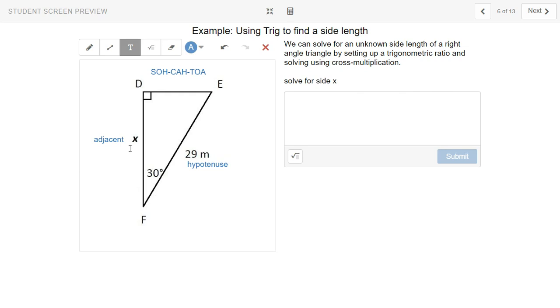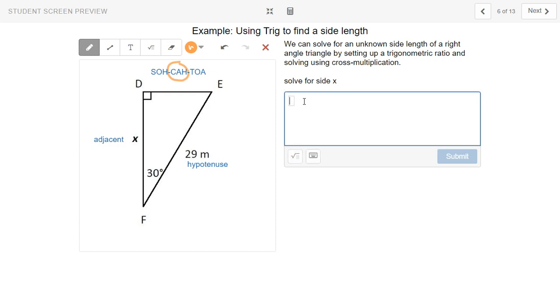Now that we have identified the two sides, we don't really need to involve this side, the opposite, because we know that for all of our ratios, we only need two sides. So we check our menu here: which trig ratio involves the adjacent and the hypotenuse? We would have to use cosine, because cosine is the only one that has a ratio that requires the adjacent and the hypotenuse.